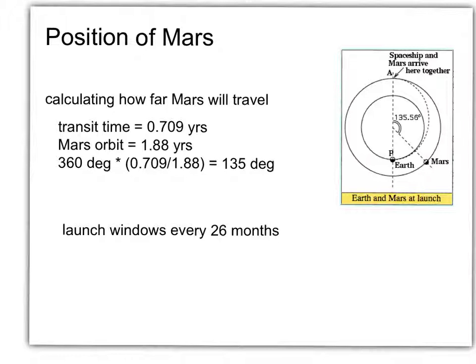So then it becomes a simple problem of the probe's going to be en route for 0.7 years. Mars's orbit is 1.88 years long. And so we need basically to launch from the Earth when Mars is 135 degrees away from that point where we want the rendezvous to take place.